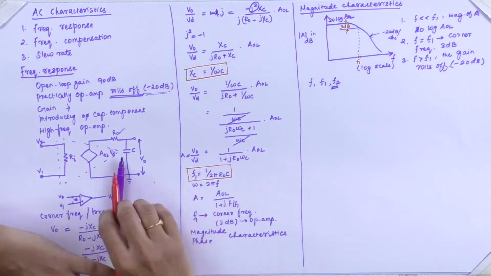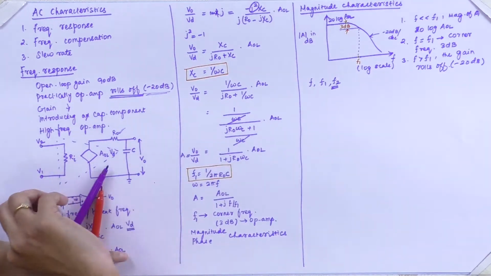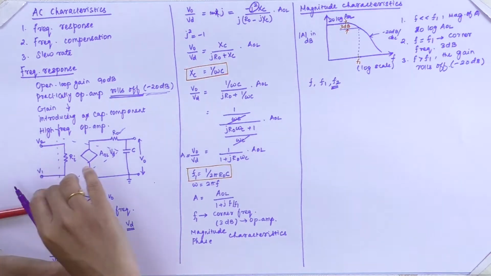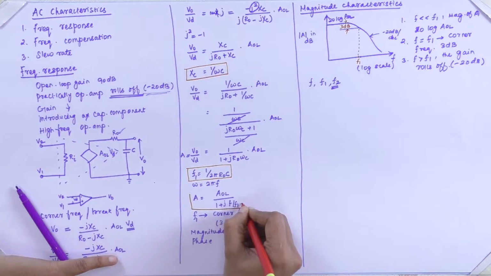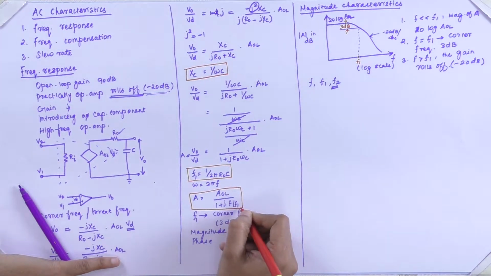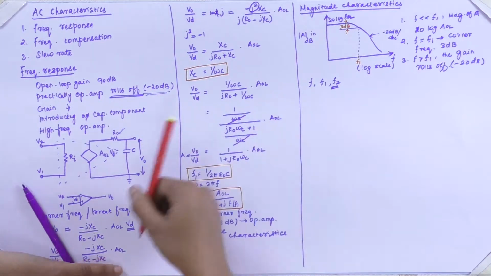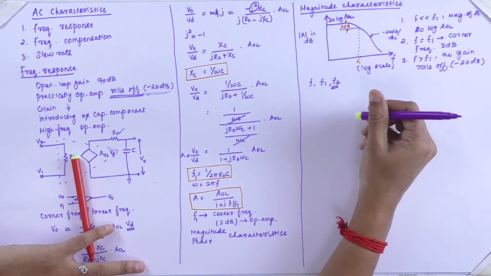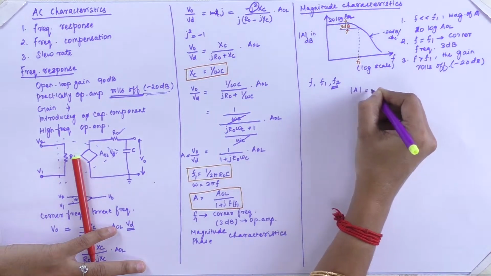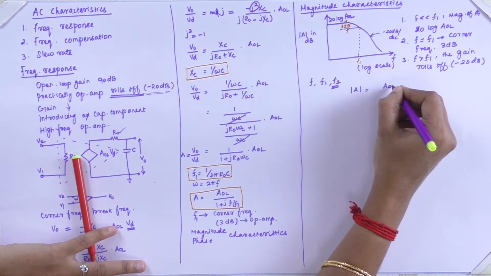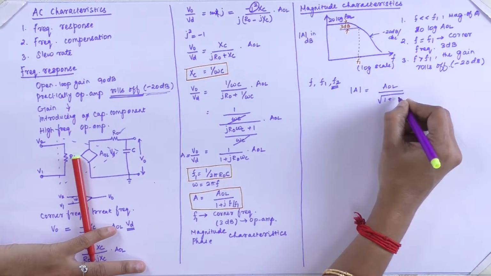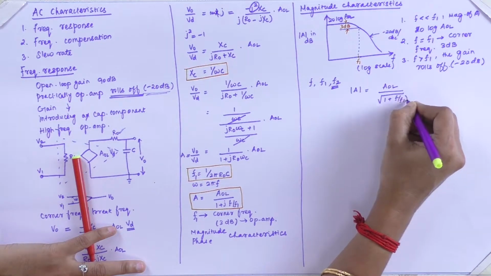The expression for these magnitude characteristics will be calculated with the help of this gain A. So gain A is equal to AOL, that's the open loop gain, divided by 1 plus j F by F1. Here I am going to write the magnitude characteristics, so it will be the squaring of that component: AOL in the numerator, and in the denominator 1 plus F by F1 the whole squared.